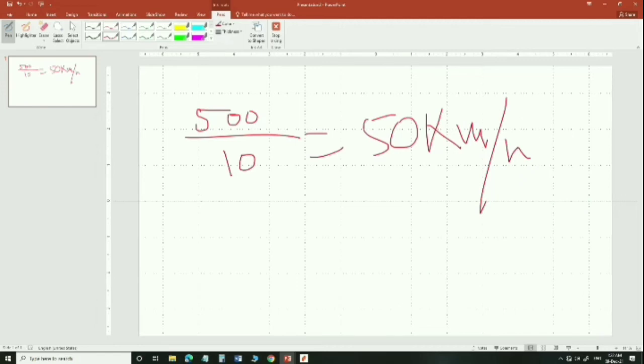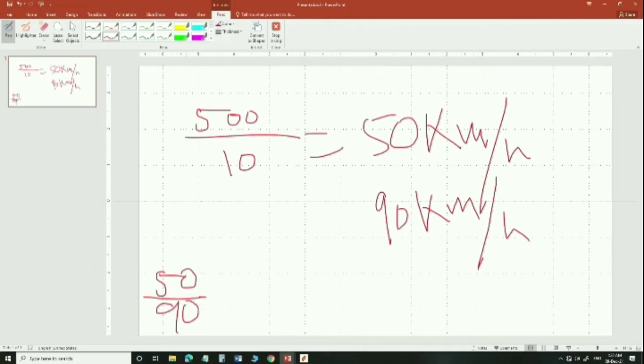And 90 km per hour is maximum speed. The question wanted average speed to maximum speed. So average speed is 50 and maximum speed is 90 km per hour.